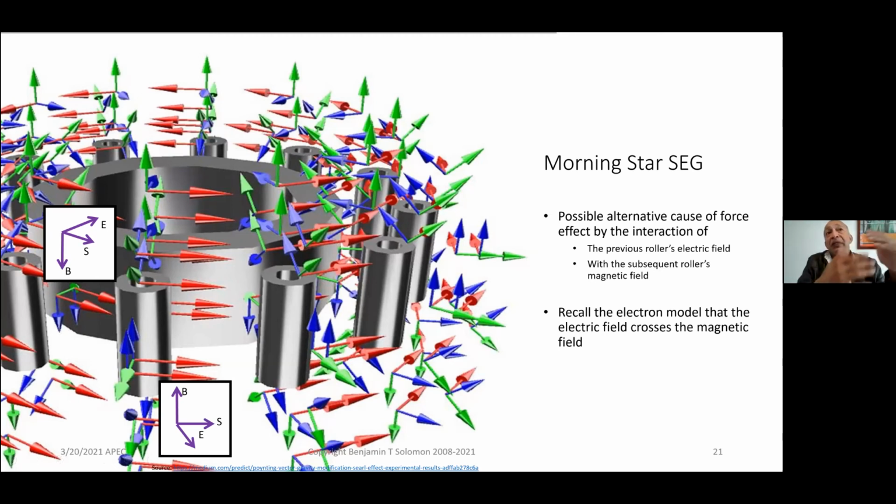So could it be that the E field crossing the B field is creating the force effect? I don't know, but it's something to think about, because recall the electron motion. The electron motion is basically the electric field crossing the magnetic field, forming a gradient that causes the force effect.